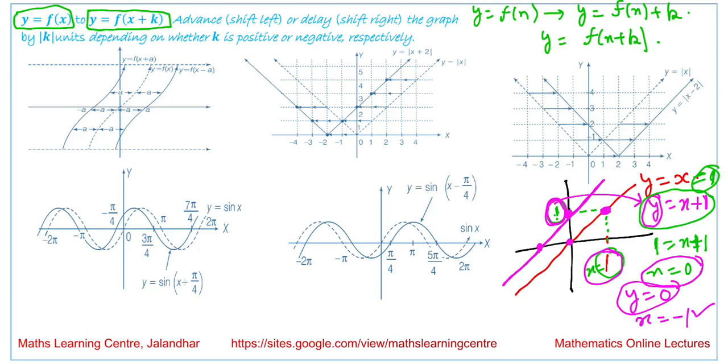So when this k is positive, we call it an advance, and the graph is shifted towards the left. When the value of k is negative, we have a delay. Delay means the graph will be shifted towards the right hand side. This will be more clear with an example.